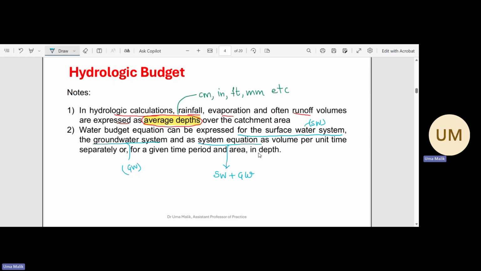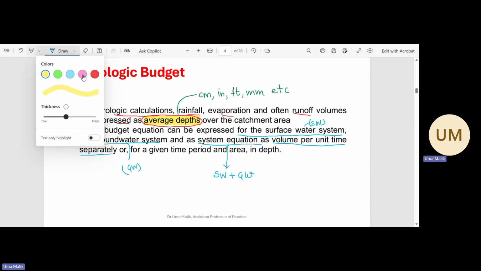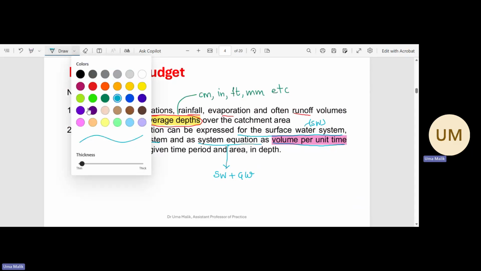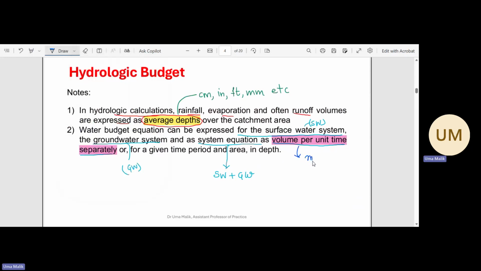Now again we are talking about units. Your surface water system, groundwater system or system equation can be expressed as volume per unit time, which is cubic meters per unit time, which is flow rate.